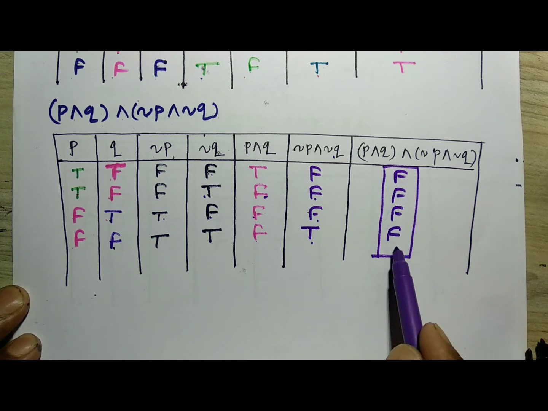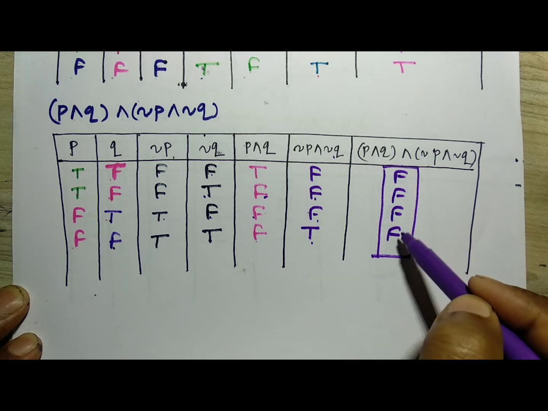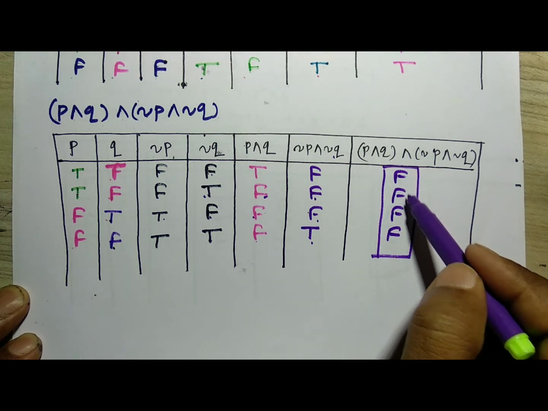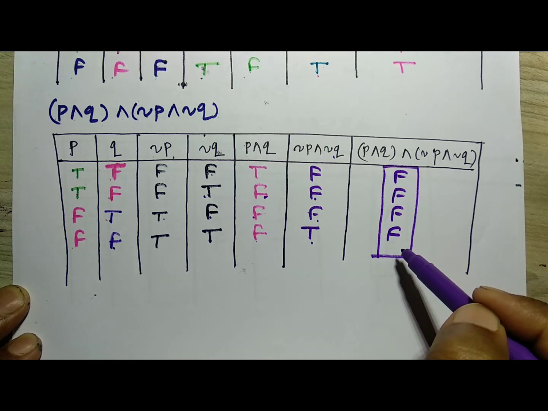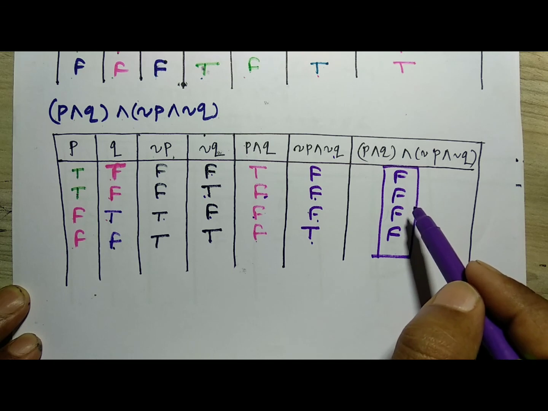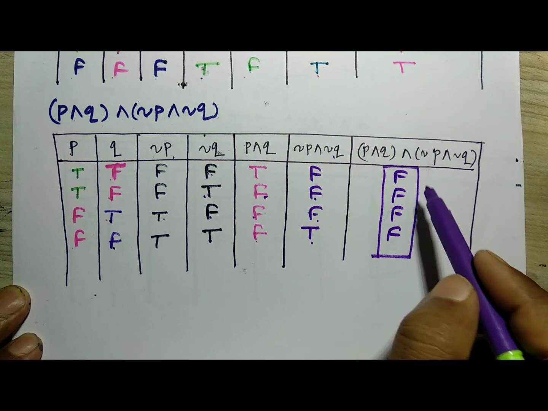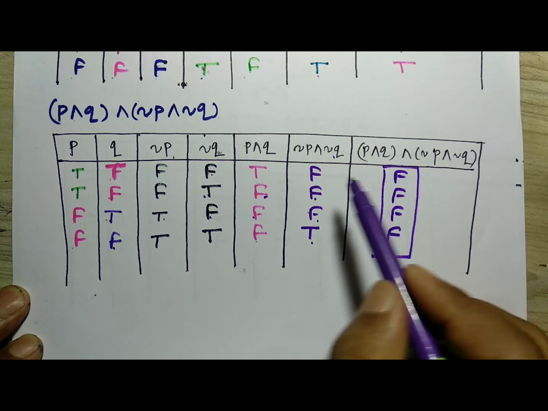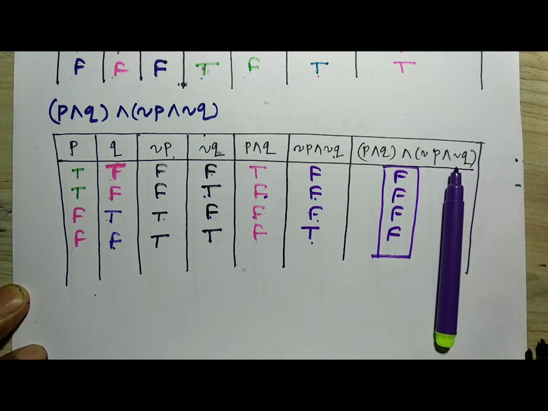If all possible considerations are false, then it is a falsity or contradiction. If all truth values related to your statement pattern are true, then it is called a tautology. And if true and false are combined inside the truth values of all possible considerations, then it is called a contingency.